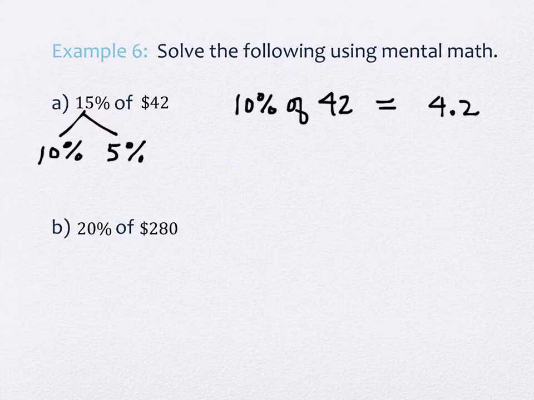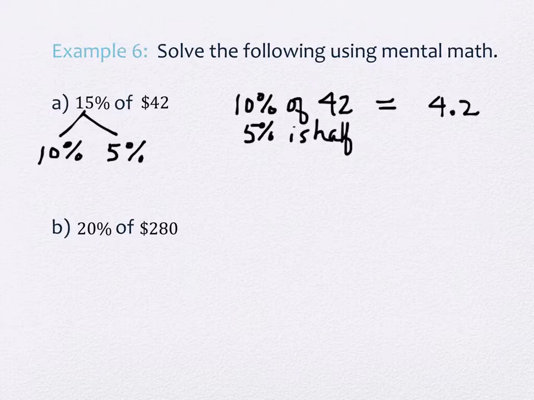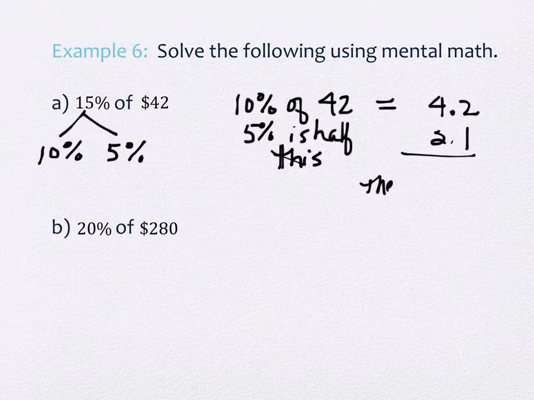Yes. So 5% is half of this, so that would be 2.1. And then we add. So you got 6.3. And maybe a dollar sign, right? Because this had dollar signs at the beginning, didn't it?